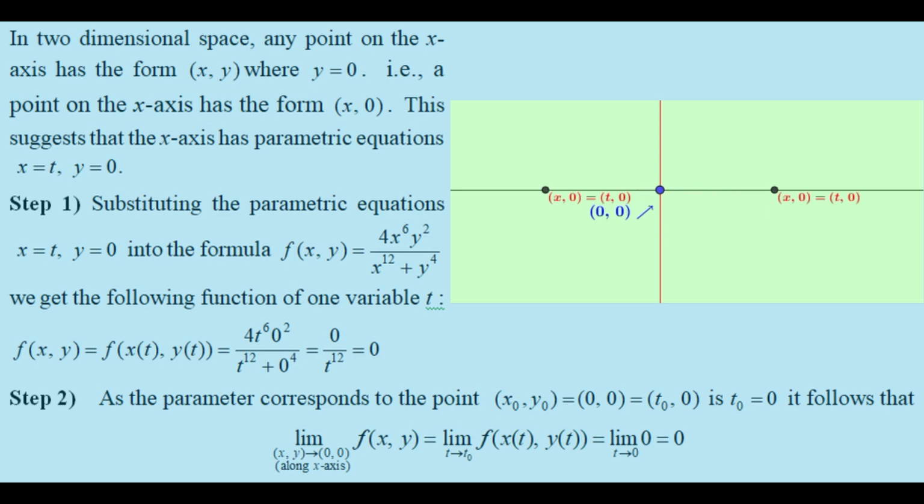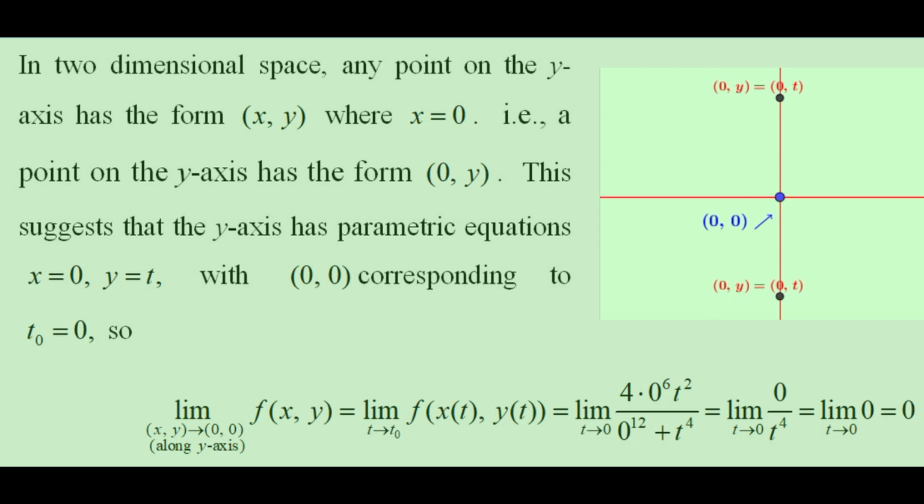As the parameter corresponding to the point (x0, y0) equals (0, 0) equals (t0, 0), t0 is equal to 0, it follows that the limit as (x, y) approaches (0, 0) along the x-axis of f of x, y is equal to the limit as t approaches t0 of f of x of t, y of t, which is equal to the limit as t approaches 0 of 0, which is equal to 0.